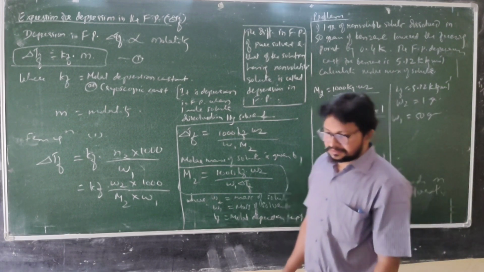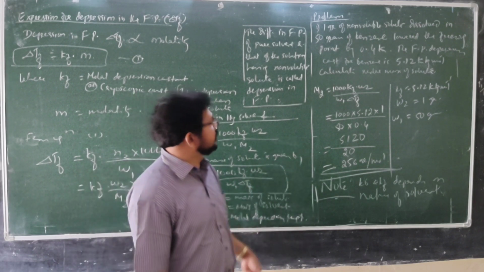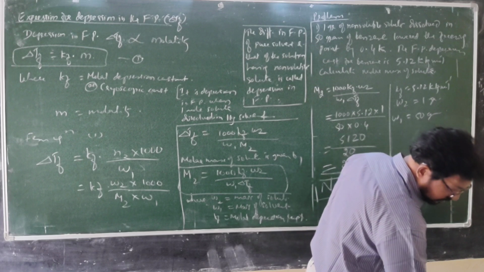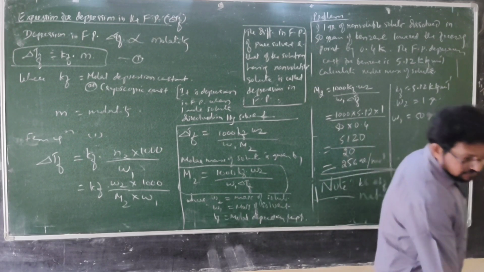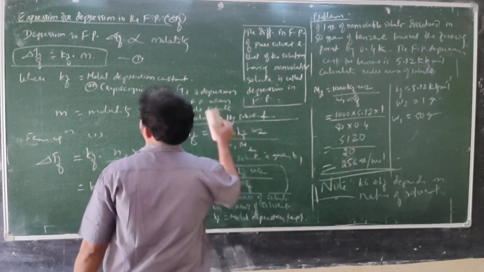Okay, so the problem on elevation in boiling point and the problem on depression in freezing point, I have worked out. Again here one homework I will give you, and with this the 3 colligative properties we have completed.